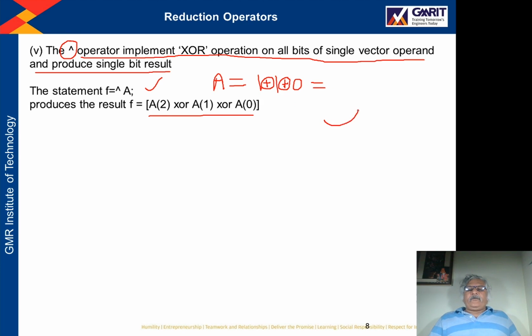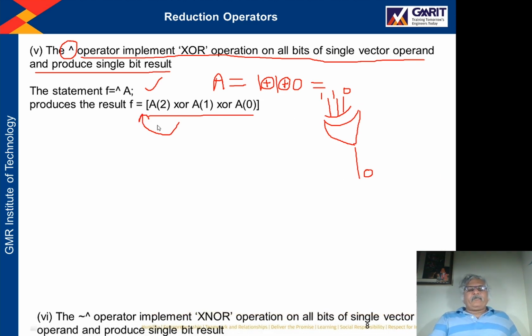So this means we are having a 3 input XOR gate, right? And inputs are 1 1 0. So in this case the result will be 0, right? So this 0 will be assigned to F, right?